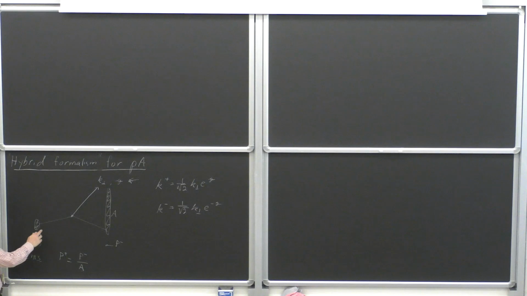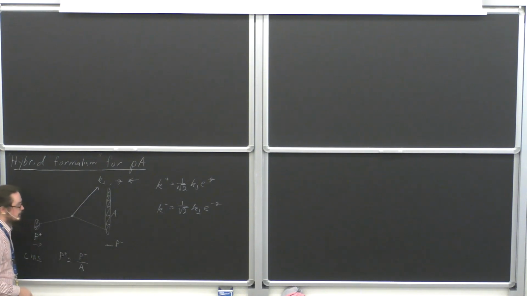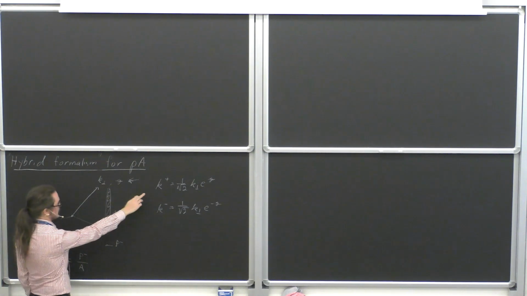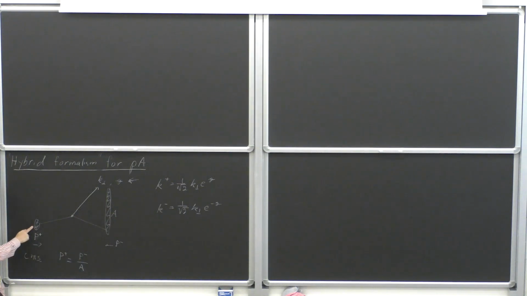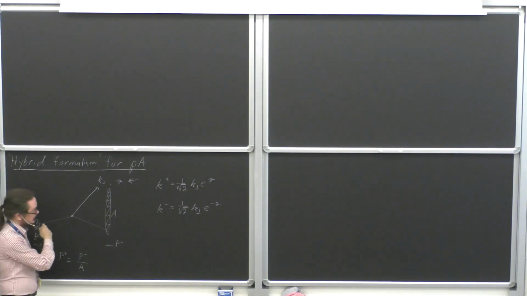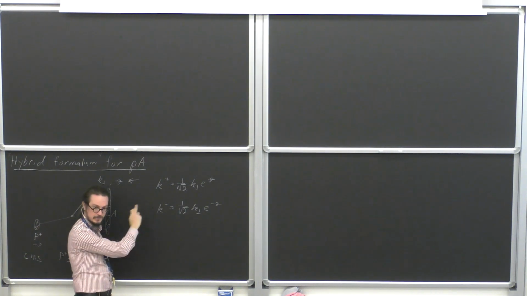And so in the first approximation, there's no minus momentum here and no plus momentum here, which means that if we look at the produced particle, all of its plus momentum has to somehow come from the proton. All of its minus momentum has to come from the nucleus, right?